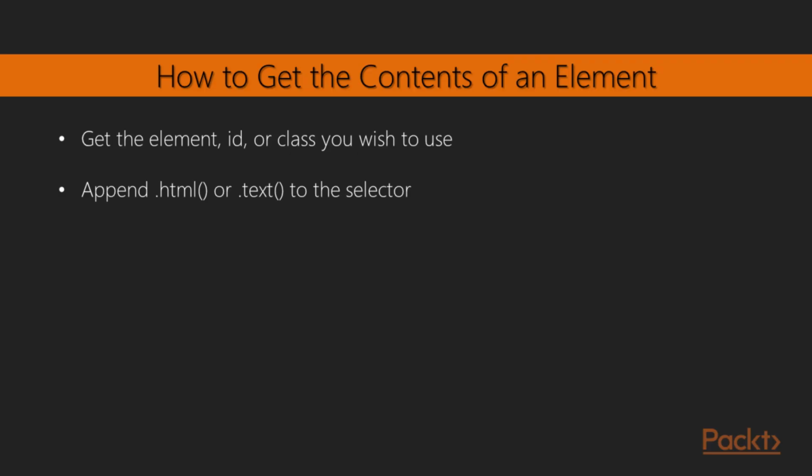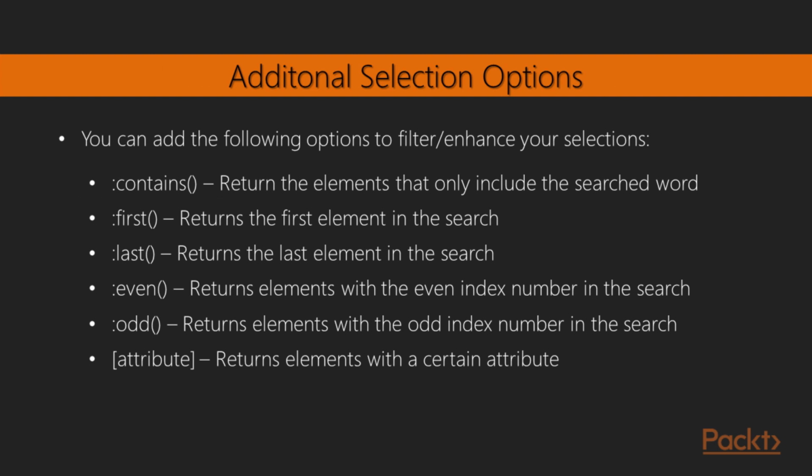Since jQuery gives us all of the elements or all of the classes that we specify, we have some options that we can use to filter that out a little bit. The first one is contains, and this is the syntax for it. You would say .html or whatever, and then you would add this colon and whatever the option is.